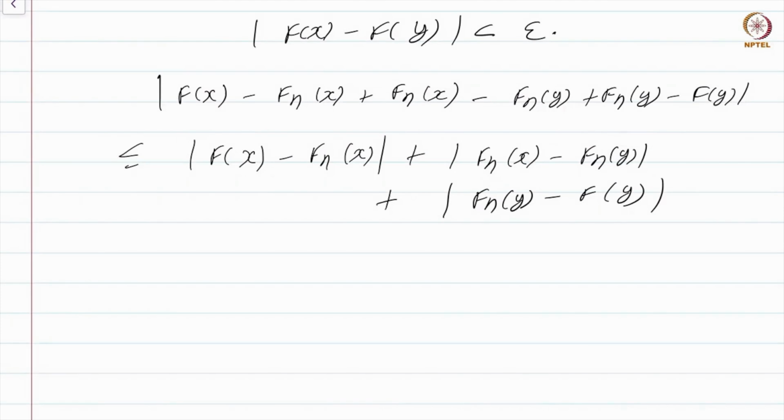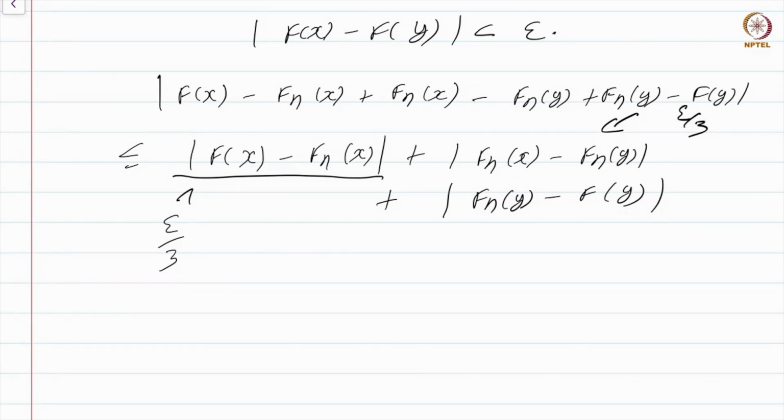Now if you look at these terms carefully and ponder for a few minutes, you might be deluded into thinking that this professor is saying nonsense, and that the limit function f is certainly continuous. Why? Because |f(x) - f_n(x)| can be made less than epsilon by 3 simply because f_n(x) is converging to f(x). The middle term |f_n(x) - f_n(y)| can be made less than epsilon by 3 by choosing delta appropriately, because the f_n are continuous.